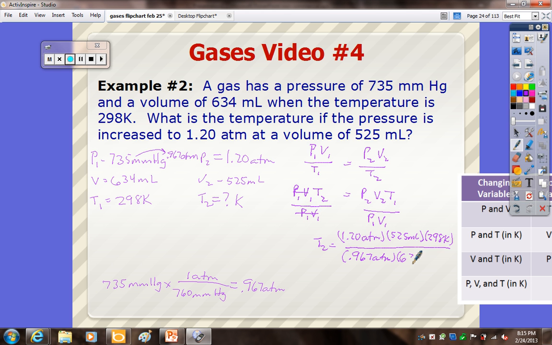So when you're done, T2 is equal to this times this times this, divided by this, or a grand total of 306 Kelvin as my final answer.